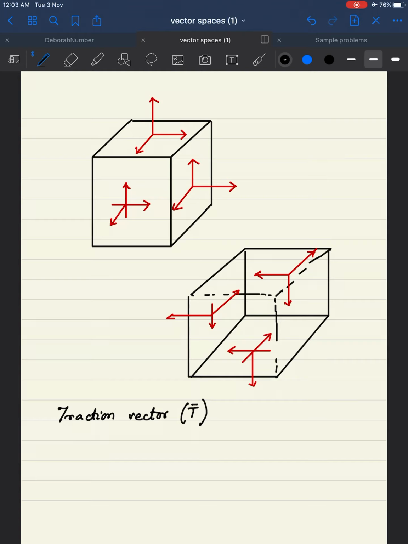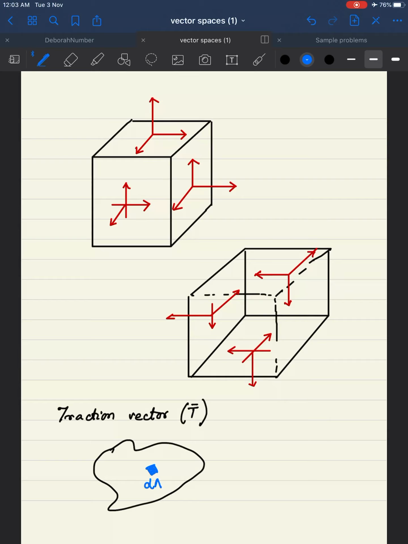If you have a body on which forces are acting, then take an arbitrary cross section somewhere here on the body, so this is an arbitrary small area, right?